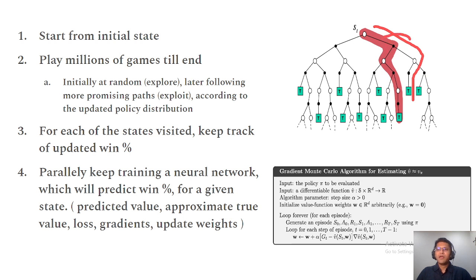For example, for this particular state, let's say two games were played visiting it, and out of the two games you won one and lost the other. So you keep track of the number of games played visiting that particular board position, how many wins it has resulted in, and you keep updating the win percentages accordingly.